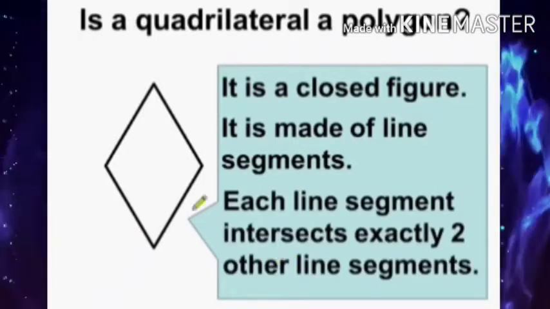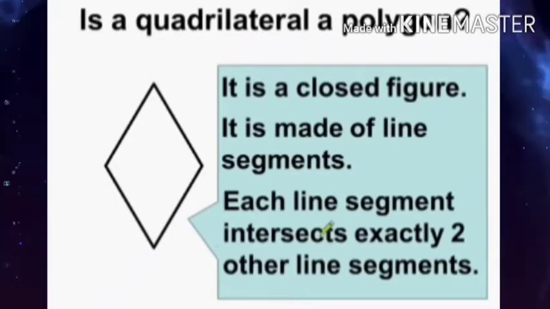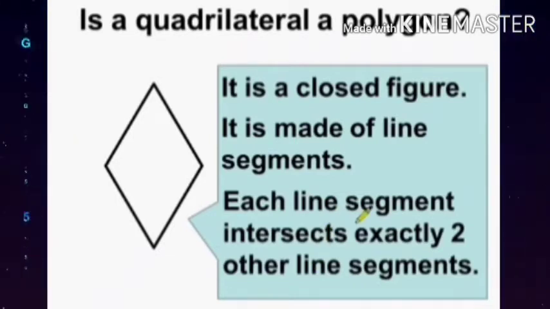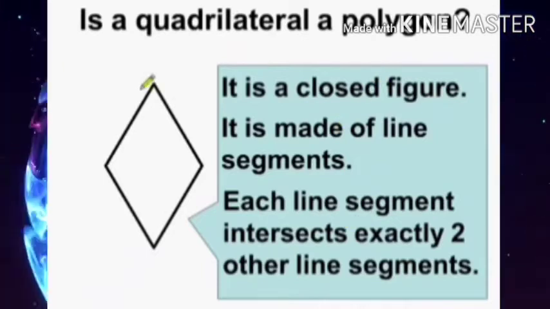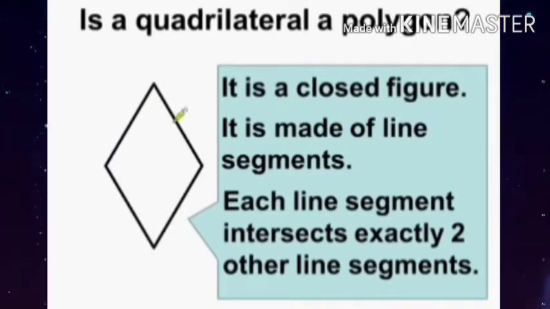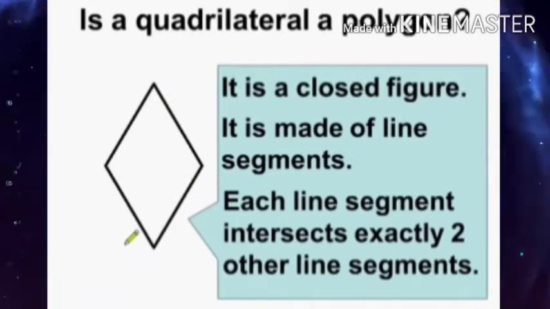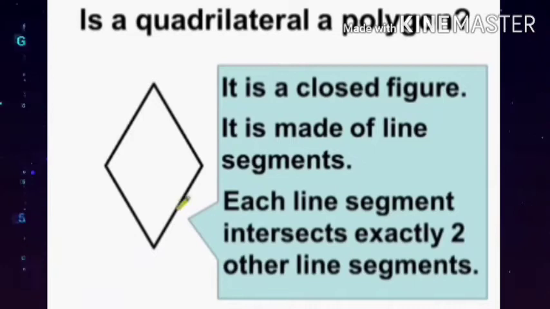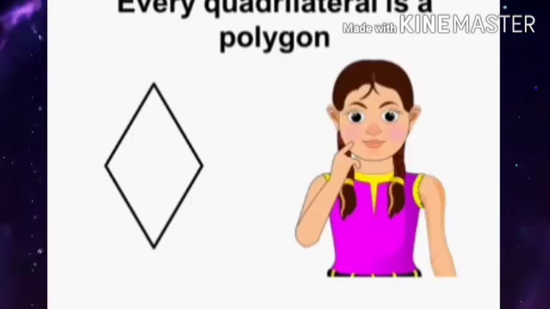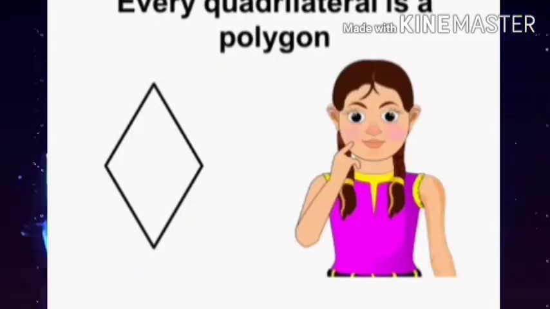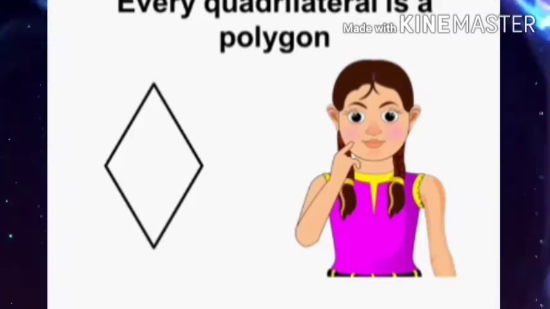It is made of line segments and each line segment intersects exactly two other line segments. So you can say that a quadrilateral is a polygon.